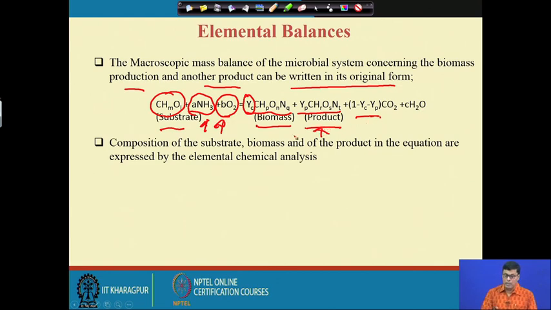But in case of an aerobic fermentation process, when you consider the cell mass, then you can ignore the product formation. You can write: this is the substrate, this is the ammonia, this is oxygen, molecular oxygen, and this is biomass, carbon dioxide and water.